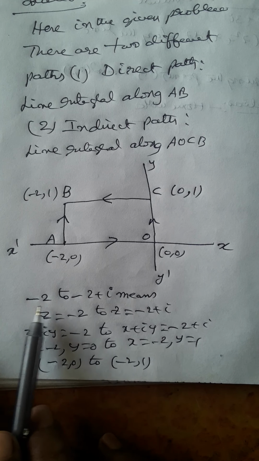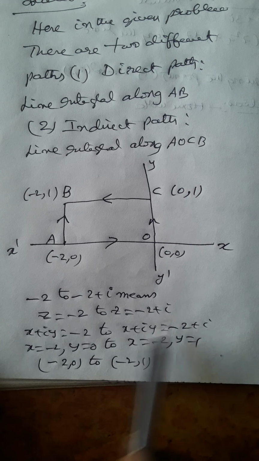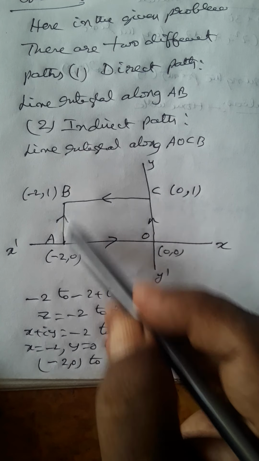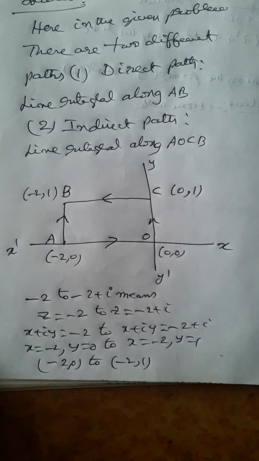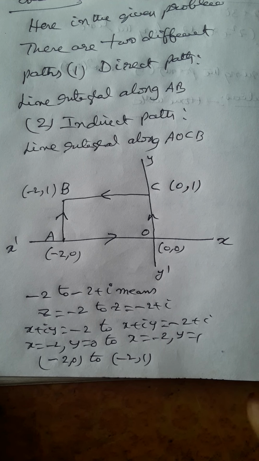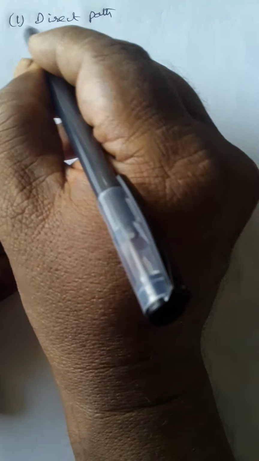According to our problem, -2 to -2 plus i means z equal to -2 to z equal to -2 plus i. So comparing, we get 2 points, (-2, 0) to (-2, 1). That is the direct path. Number 1, direct path.